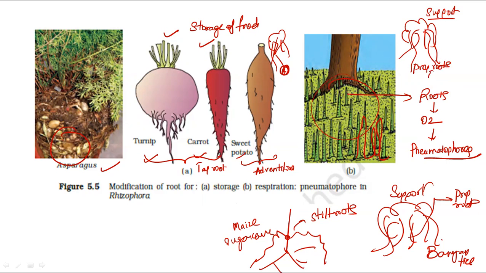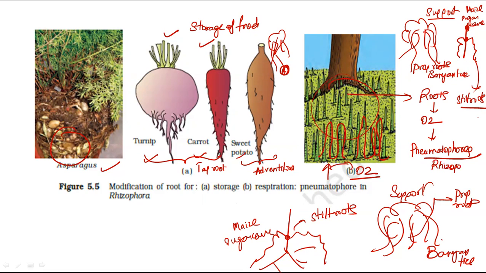And next, in the stem, you can see roots coming from the nodes in maize and sugarcane. Those roots are called stilt roots. Okay. And in marshy areas, the roots come out vertically upwards for respiration, and those are called pneumatophores, which can be seen in Rhizophora.